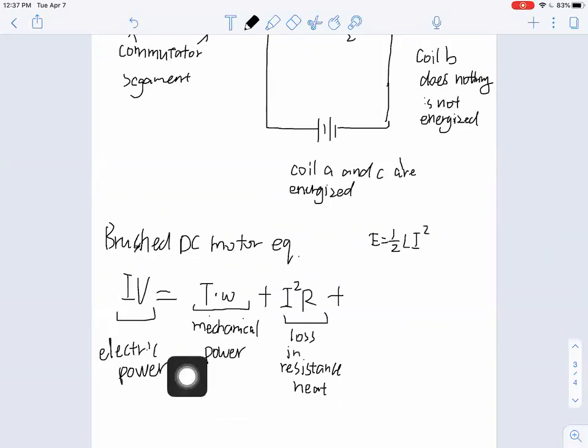Since in this equation we're talking about power, we take a derivative of energy with respect to t to find out the power loss from the inductor, and that would give us L I dI/dt.